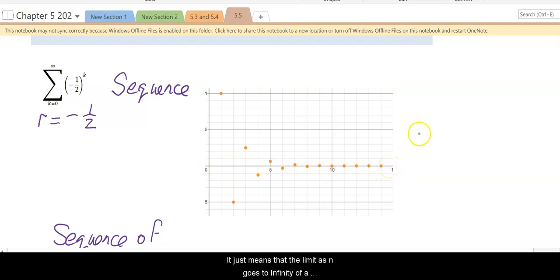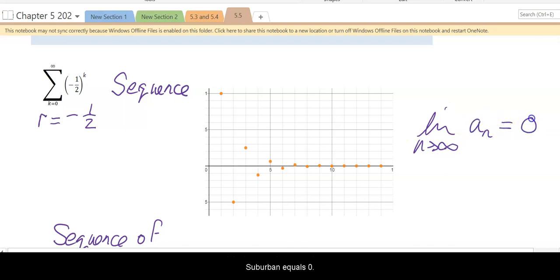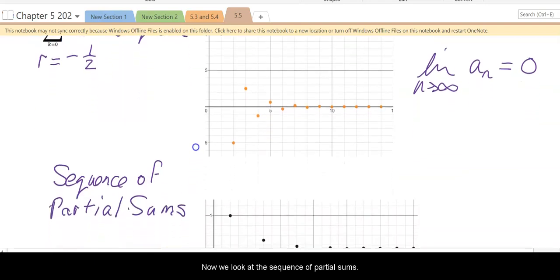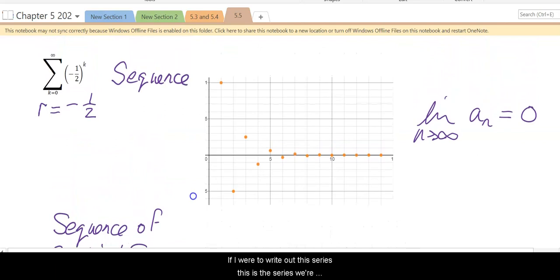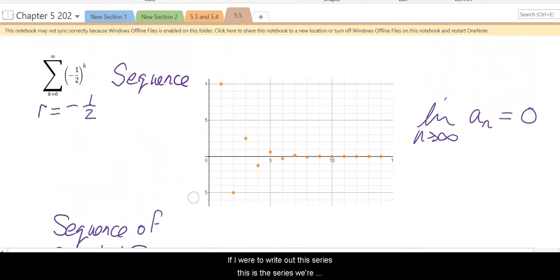This just means that the limit as n goes to infinity of a sub n equals 0. That is our original divergence test. That still applies here. Now we look at the sequence of partial sums. If I were to write out this series, this is the series where starting value would be k equals 0, which would give me a 1.